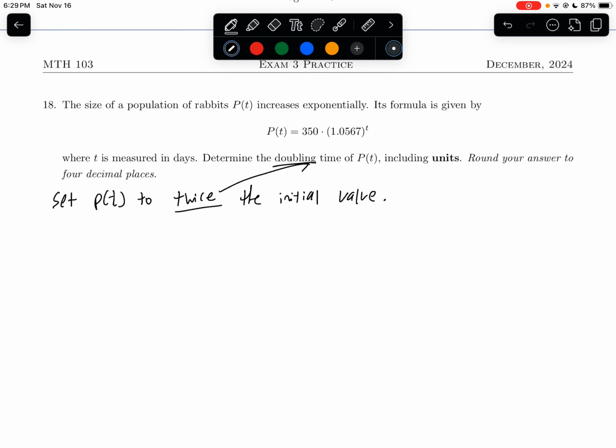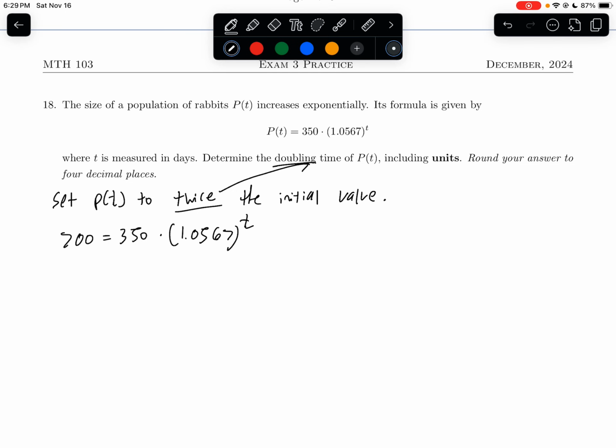Okay, and well, the initial value is 350, and twice that is 700. So we can say then 700 equals 350 times 1.0567 to the t. You can always do this.